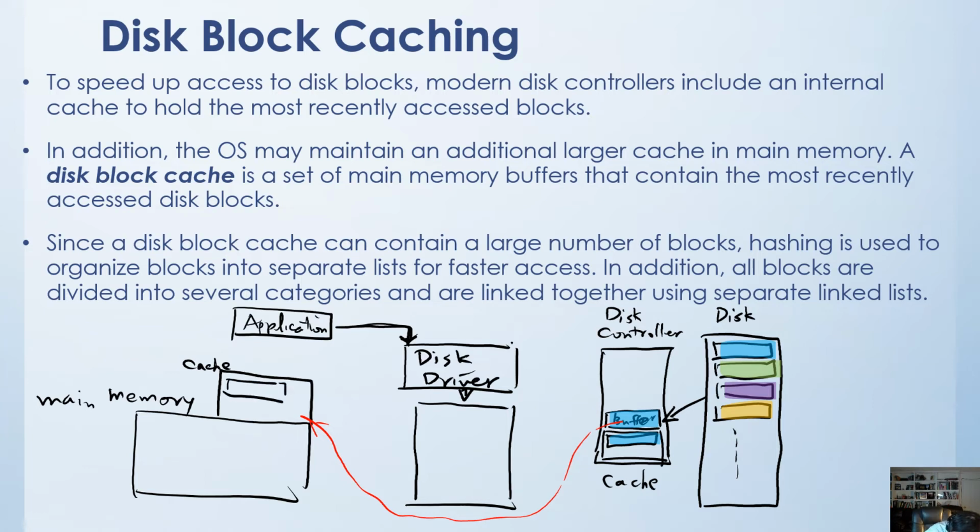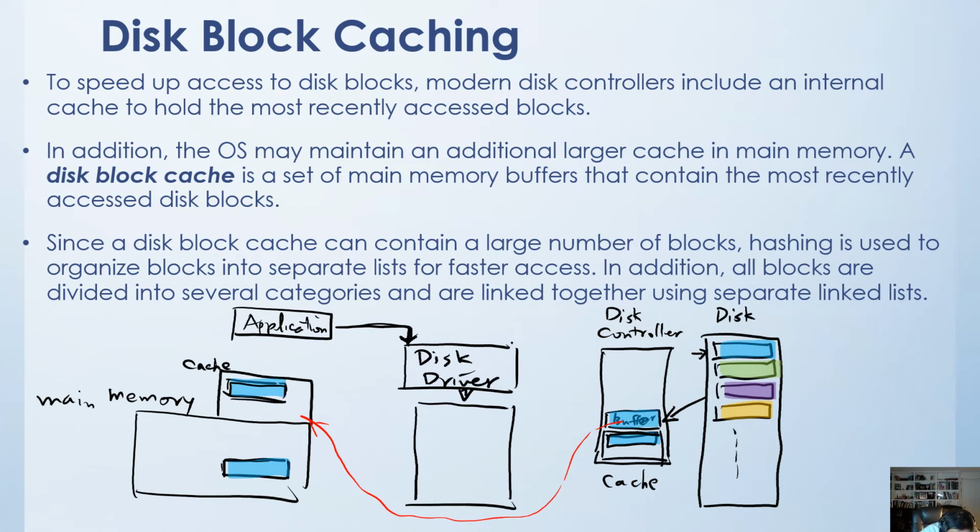Okay, I use this color. It's cached in the main memory, and then copied to the main memory location. So the block 1 data is cached over here and also cached over here before it is actually copied to the main memory.